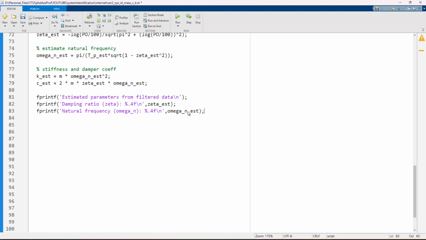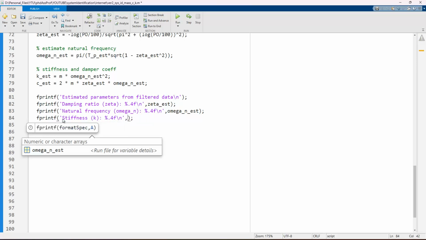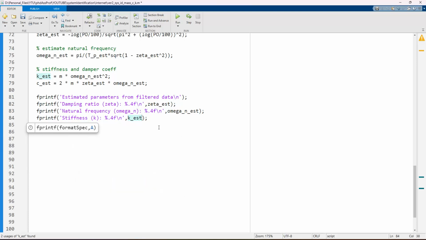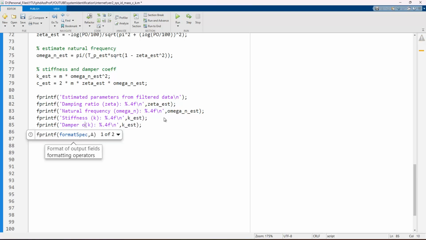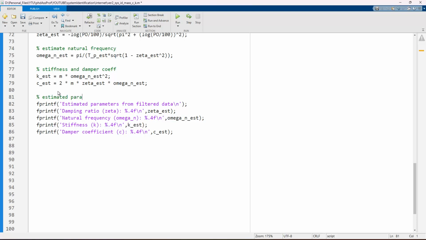And also we need to write the stiffness value. The K, this is equal to the K est, and the damper coefficient, C. Okay, these are the estimated parameters.